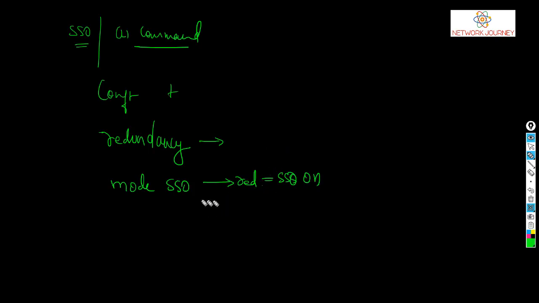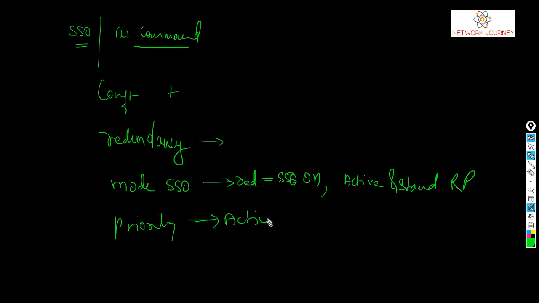This command has to be done on both the active and the standby RP. Once I do that, I can set the priority, who is my active and who is next, whoever is standby, and then I can come out of this mode.